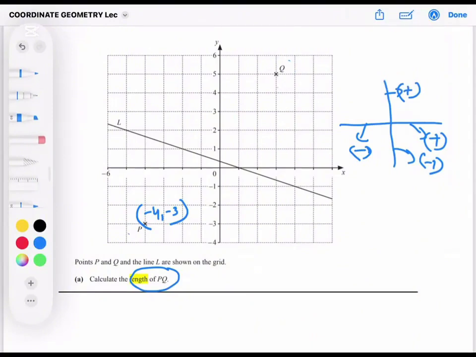Quickly. You can see this point is 3, comma, and this is 5. 3, 5.